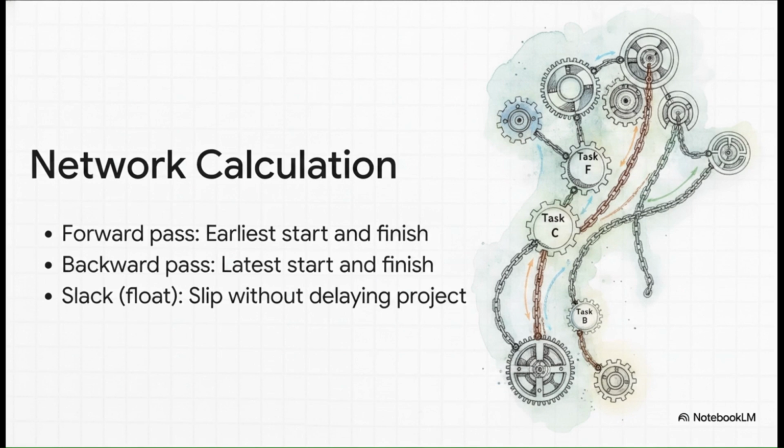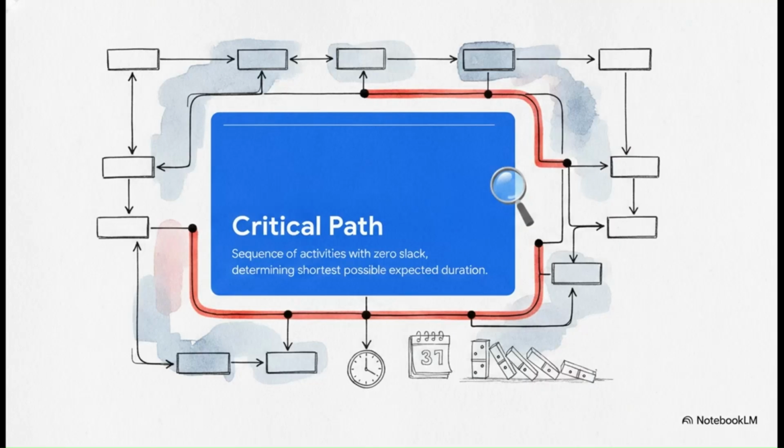The difference between these two times is your slack or float. Basically, it tells you exactly how much wiggle room an activity has before it starts ruining your deadline. And that brings us to arguably the most vital concept in all of project management, the critical path.